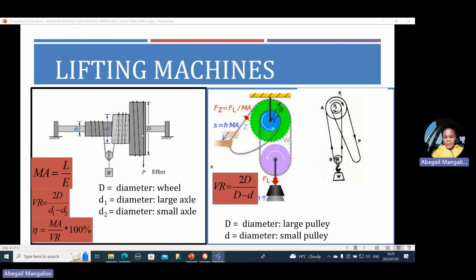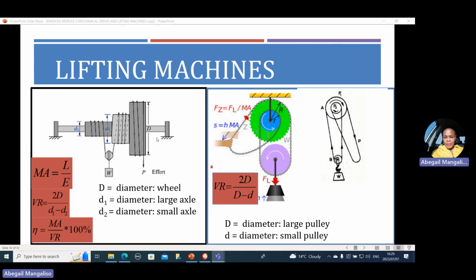This is the sketch of a differential wheel and axle. It is the type of machine that has a shaft, and on this shaft there are 3 drums: the largest, the medium, and the smallest.